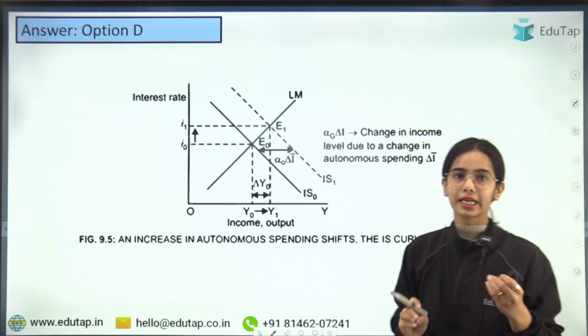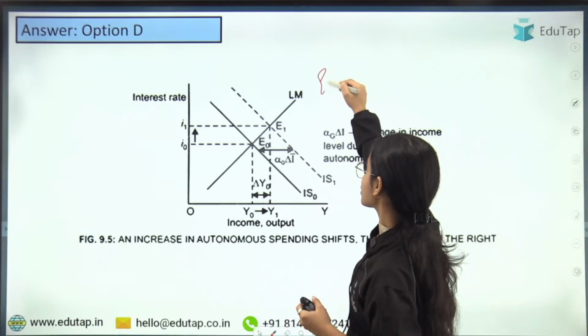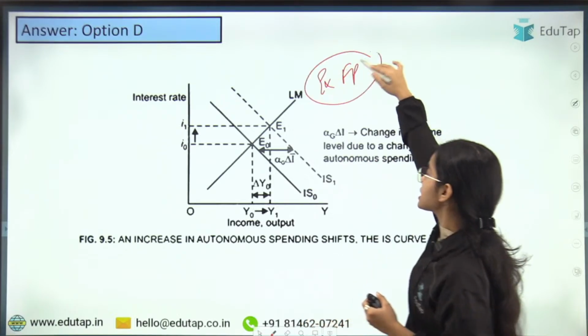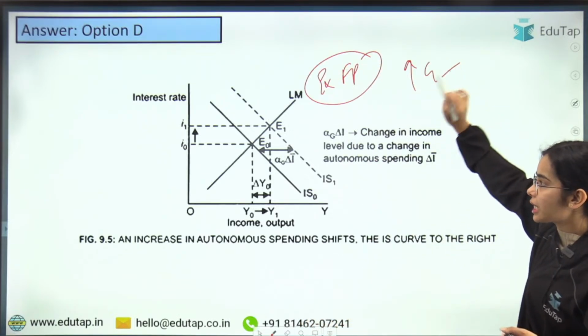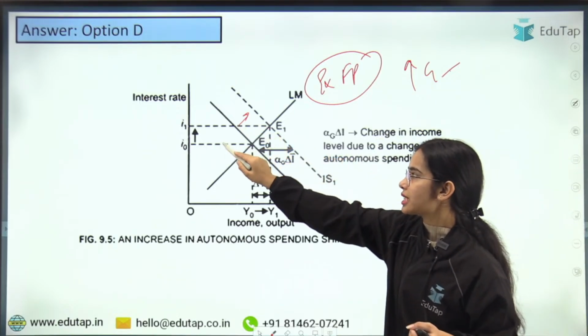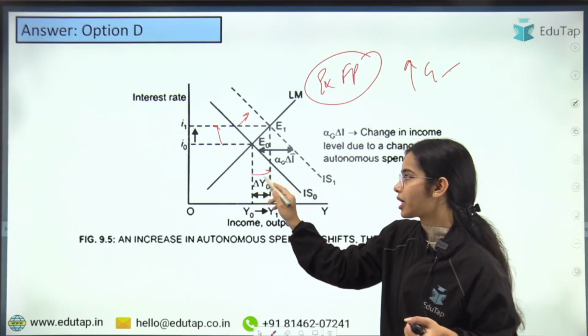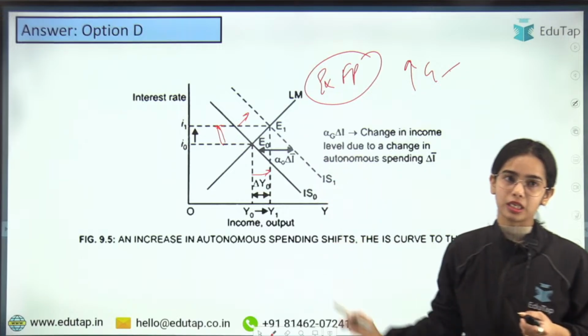So D is the right answer, because if the government is increasing its expenditure, the IS curve will shift rightwards and the level of income and the rate of interest will both increase.